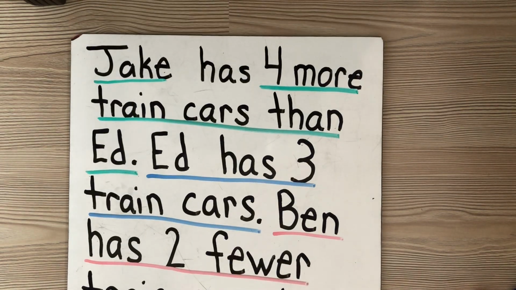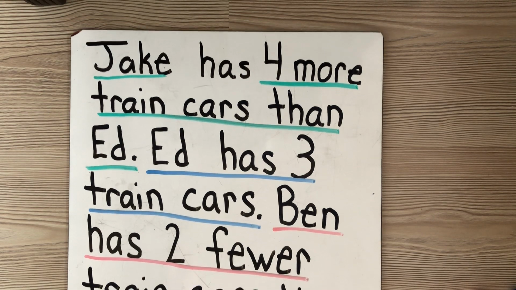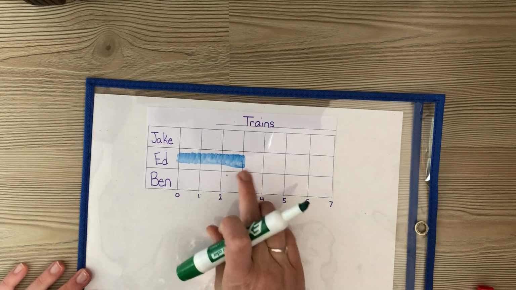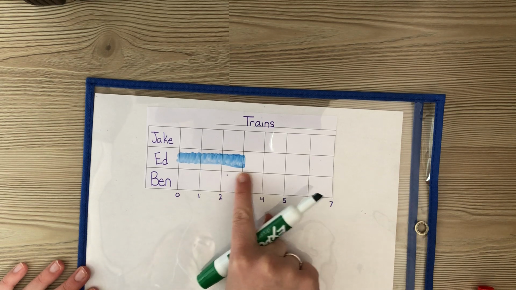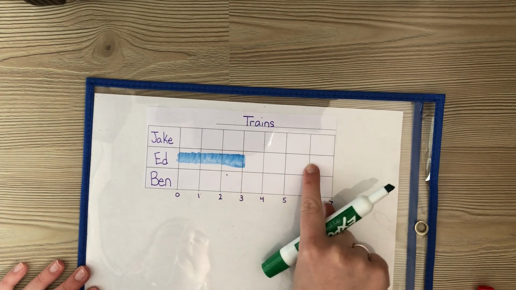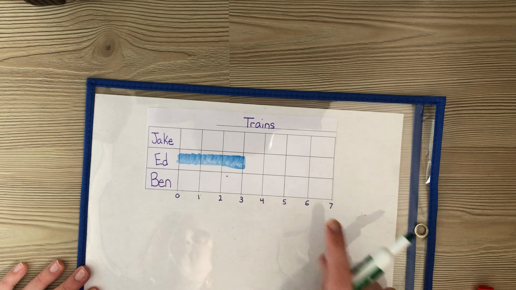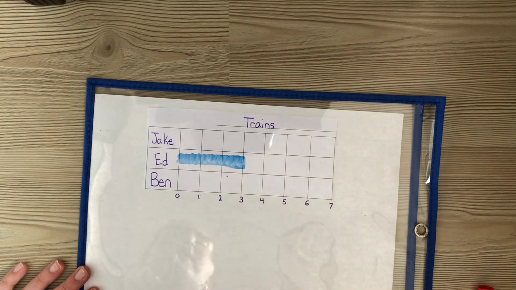Now let's go back to the clue about Jake. Jake has 4 more train cars than Ed. Let's look at our graph. If Jake has 4 more train cars than Ed, how many train cars does Jake have? Well, if Ed has 3 and Jake has 1, 2, 3, 4 more, Jake has 7 train cars, because each box is a train car.